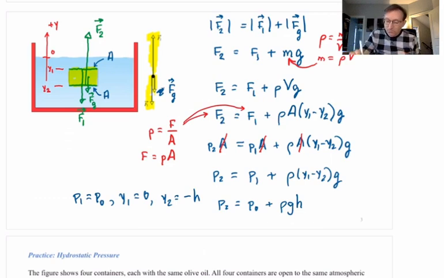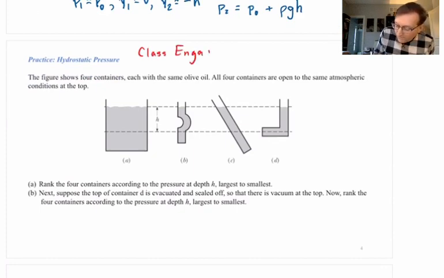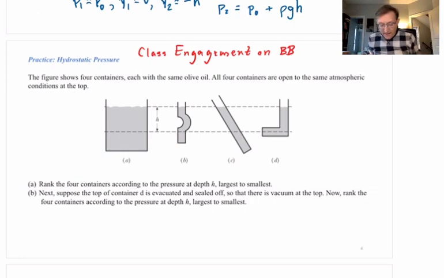Okay, I'm going to end this video with a little class engagement exercise like we did last semester. You will enter your answers on Blackboard, and they are just little conceptual questions. Here we go. The figure shows 4 containers, each with the same olive oil.